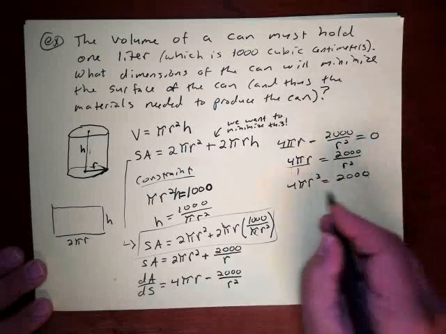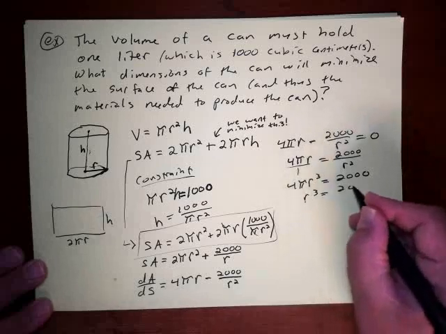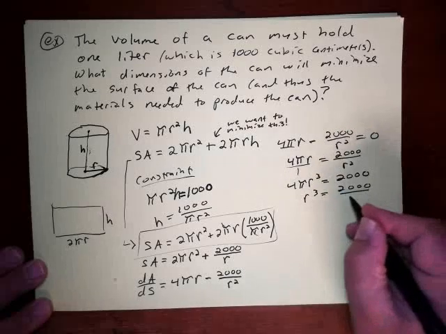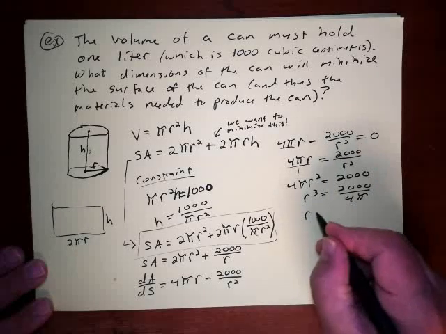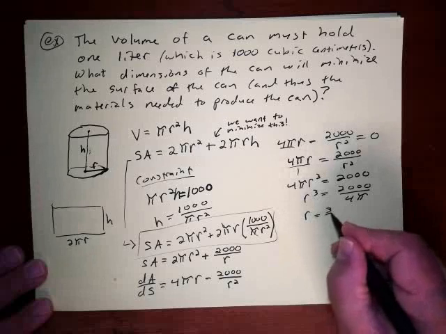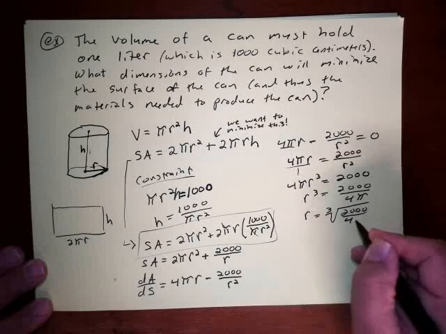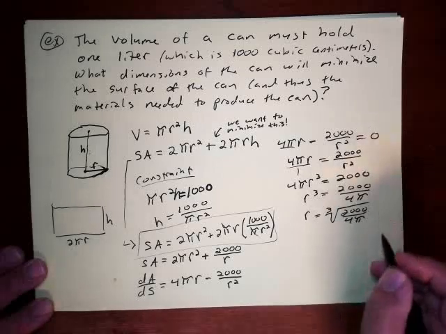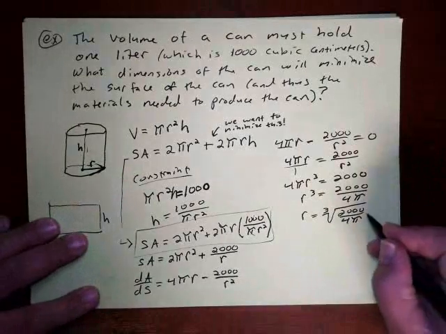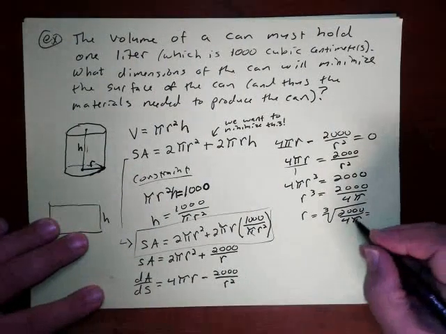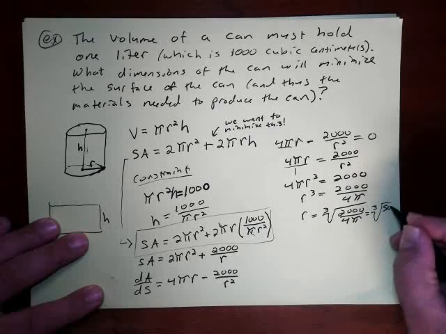And then I can bring that 4 pi down, so I get r cubed is equal to 2,000 over 4 pi. And then my r is going to be the cubed root of 2,000 over 4 pi. And you could simplify that, I guess, the 4 would make that into 500, so it'd be the cubed root of 500 over pi.